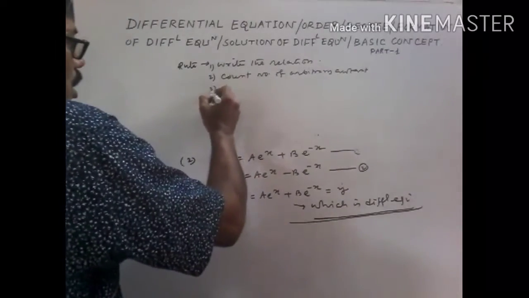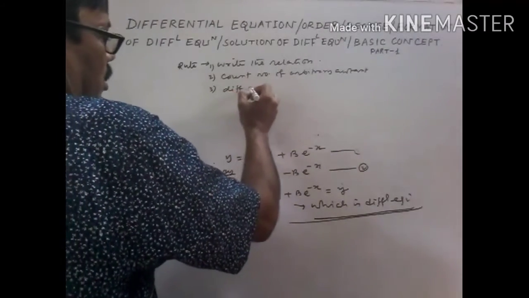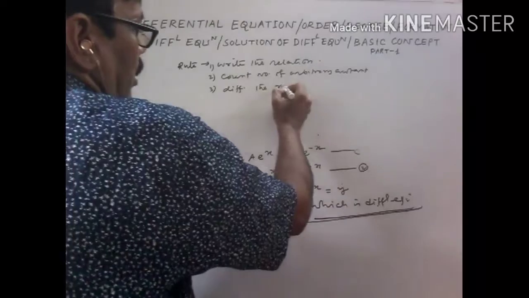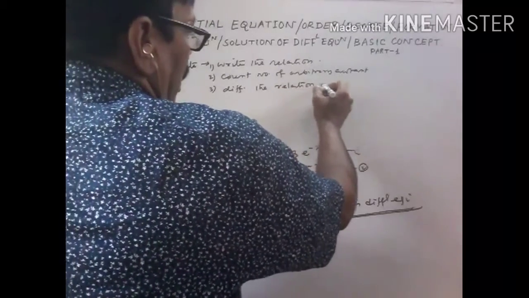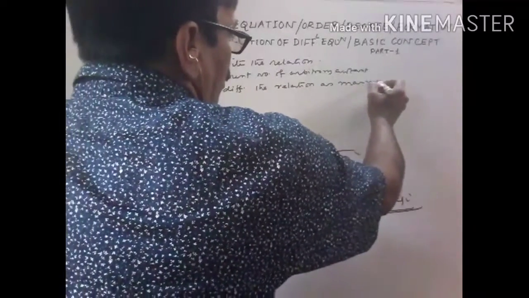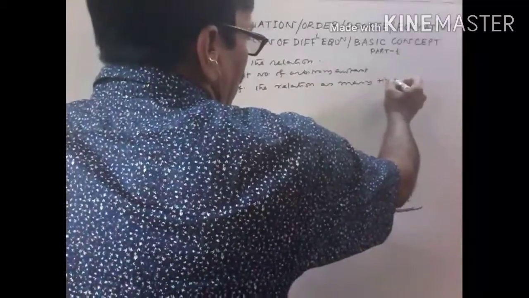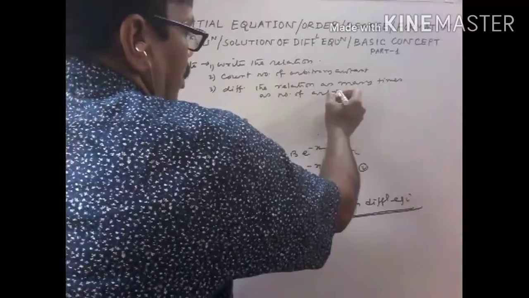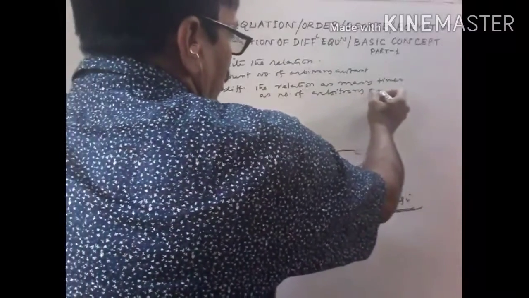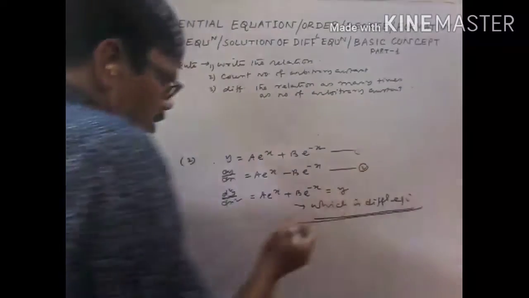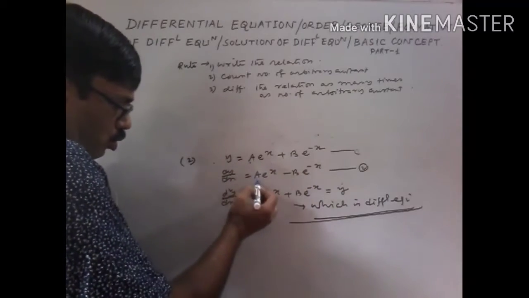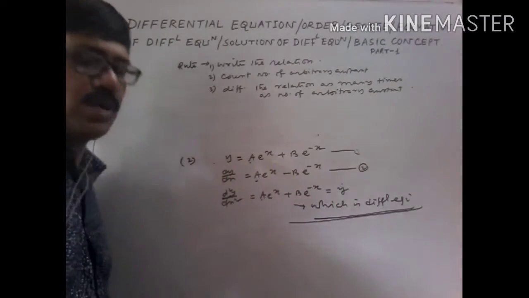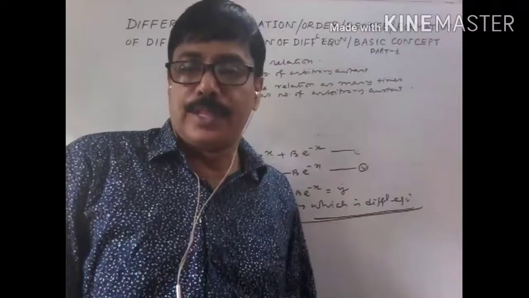How many arbitrary constants? 2. Number 3, differentiate the relation as many times as the number of arbitrary constants. Here, 1 and 2, so a maximum of 2 derivatives is permissible.